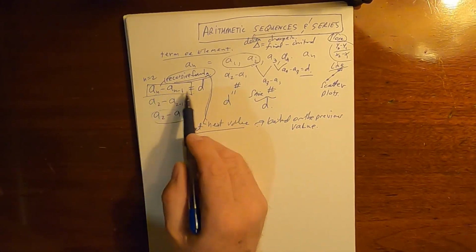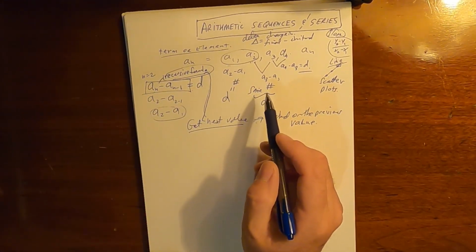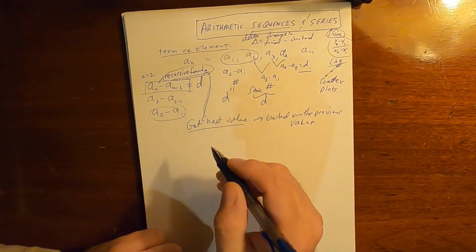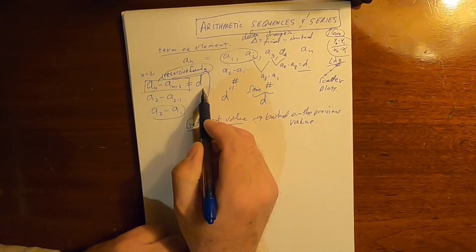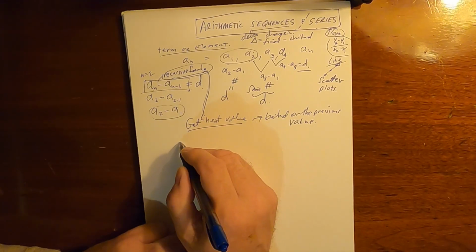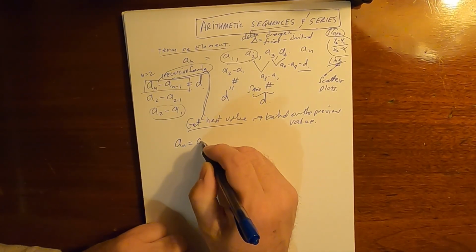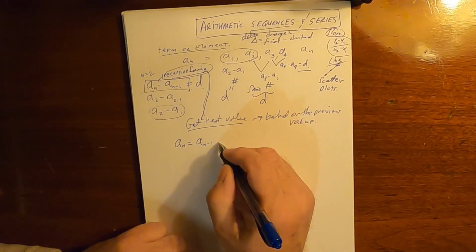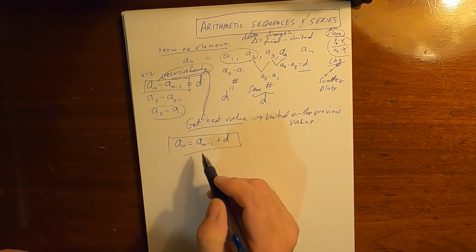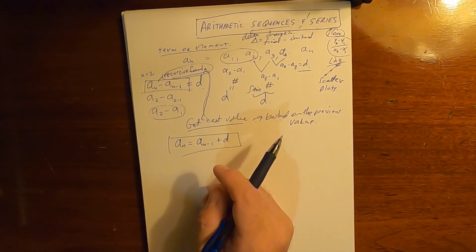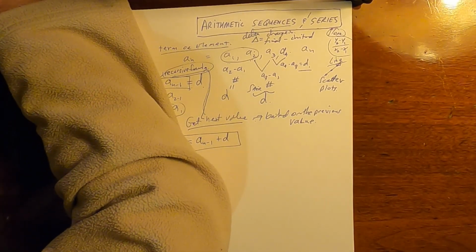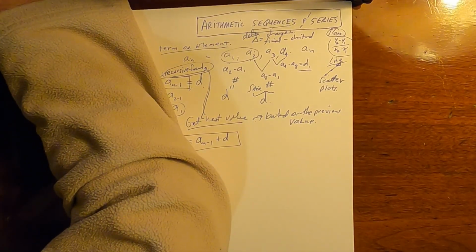When you see this put into a formula, which I'm going to have here, a_n equals a_(n-1) plus d, this would be a recursive formula. Let me check on that and make sure I'm right here.